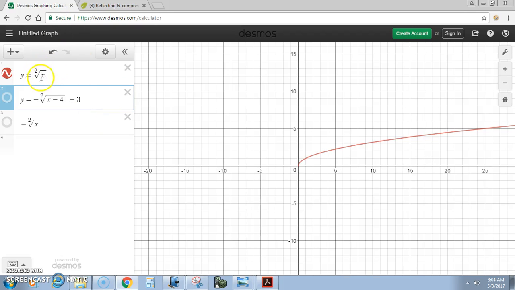Okay, if you look at the top, this is the first one. It's just the square root of x, that red line. Okay, then I'm going to flip it. Then I'm going to move it to the right and I'm going to move it up.